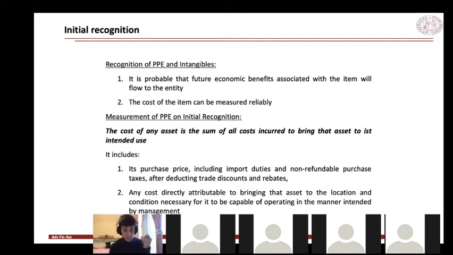And since the machine is operating and functioning, it is quite probable that we'll be able to produce the X number of products that you have in mind. So for this machinery, this tangible PP&E item, both criteria are met, and you don't see any problem here with the initial recognition.